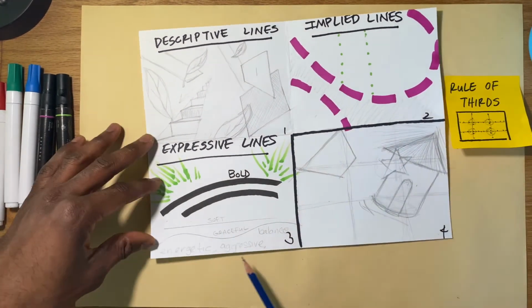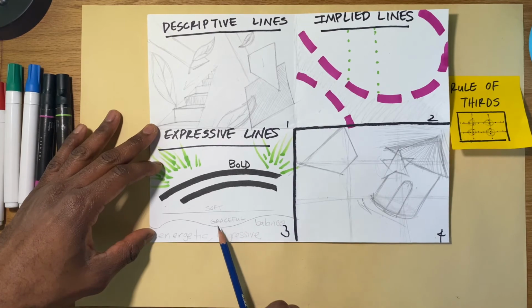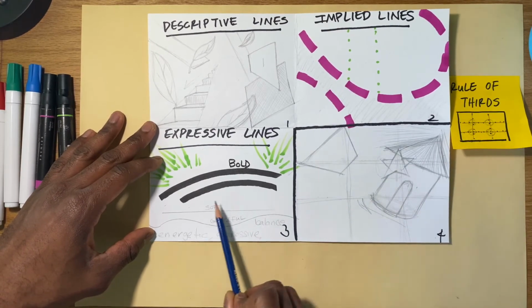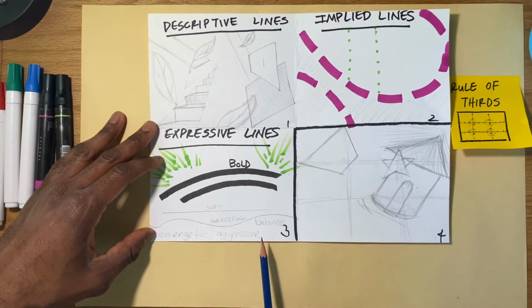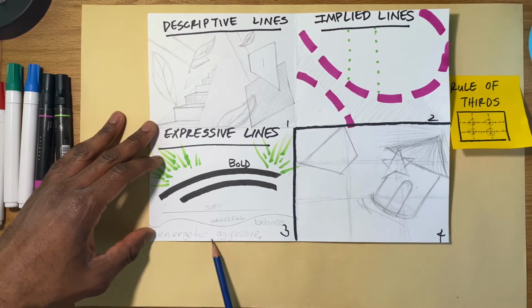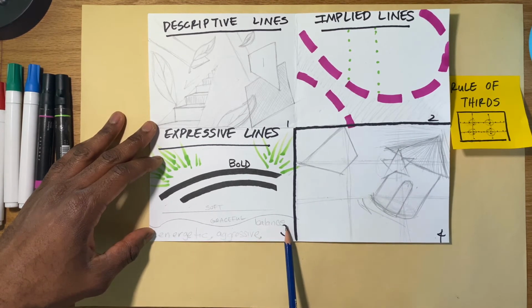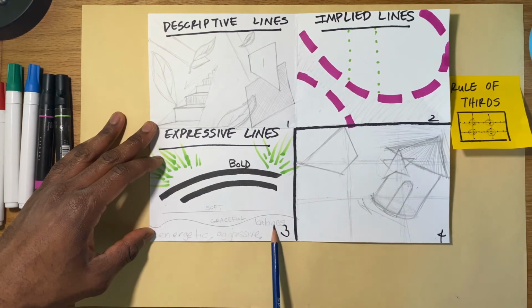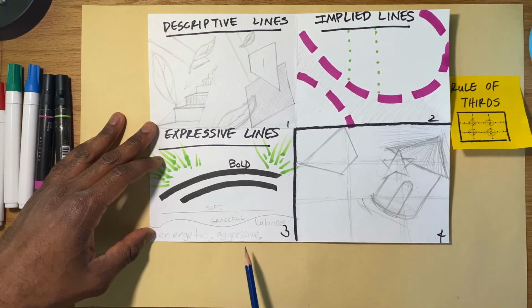Right? You can see the types of lines that I intend to put here. I just wrote them down here. You may want to do that as an exercise in keeping track of what your main idea is. So soft, graceful, balanced, energetic, aggressive. I would say rhythmic would be another one, which I didn't have space to write.